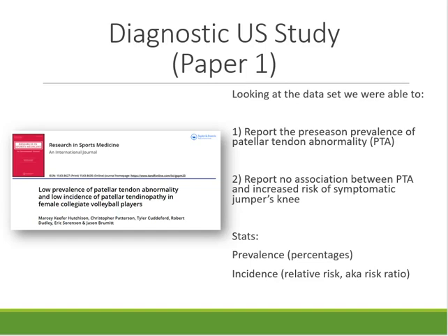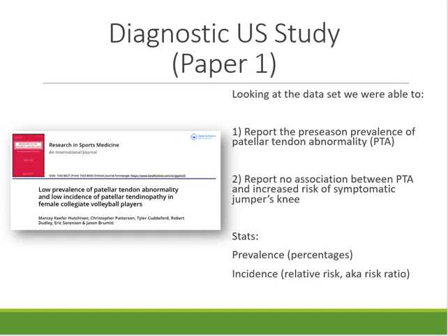And so what we were able to do is report the prevalence of patellar tendon abnormality as identified on an ultrasound image, but we weren't able to report an association between the preseason presence of patellar tendon abnormality and the increased risk of developing symptomatic jumper's knee.